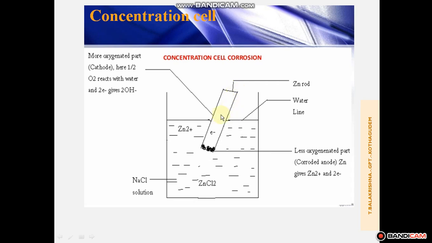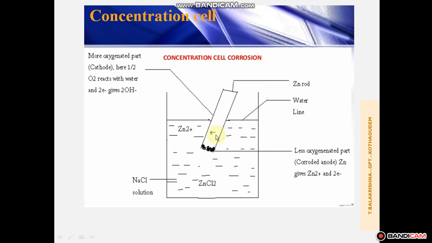This part is less exposed to the oxygen; the oxygen percentage is less compared to the above part. The part above the water line is more exposed and interacts with more oxygen, so it is the more oxygen concentrated part. It is the same metal, but one part is less exposed to the oxygen and one part is more exposed.